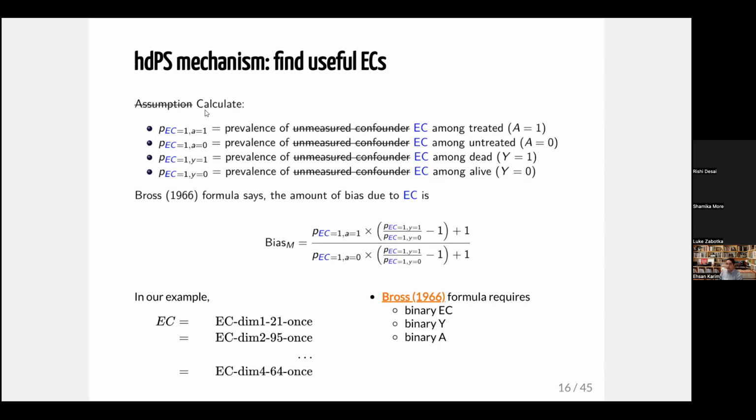And the nice thing about this is that you do not need to assume anymore. You can simply calculate, because these empirical covariates are something that you already have in your data sources, right? So what we are basically doing here is using this Bross formula and each of these empirical covariates to calculate the amount of bias due to each of these empirical covariates, right?